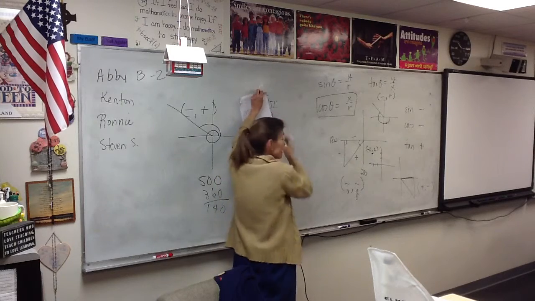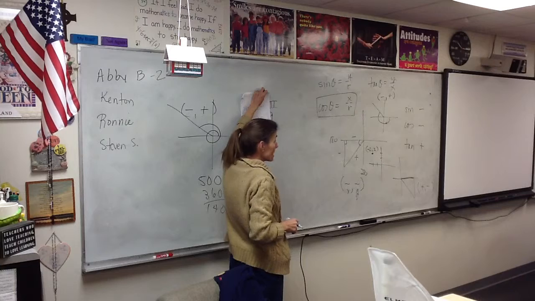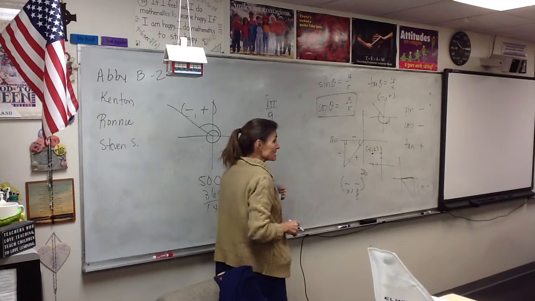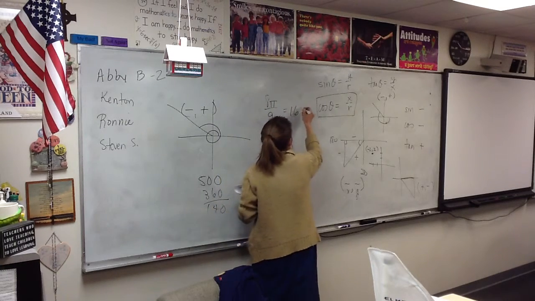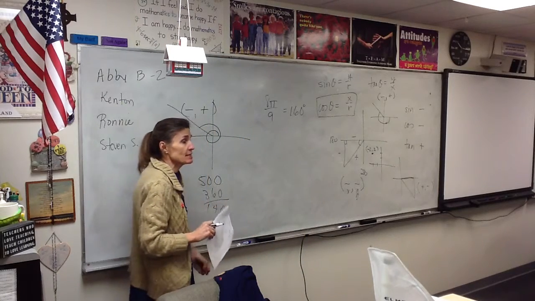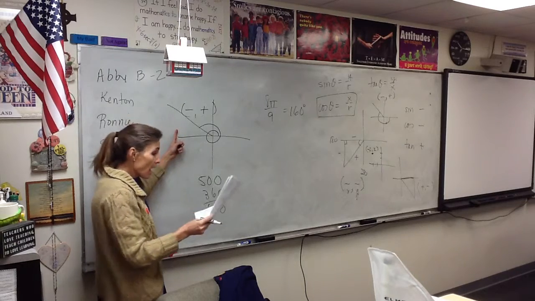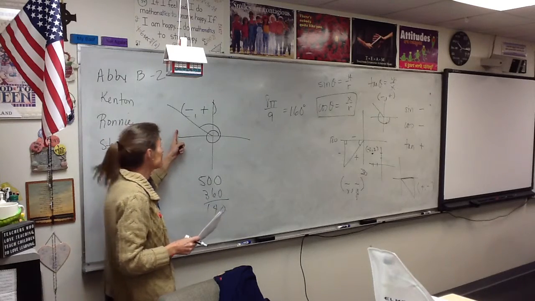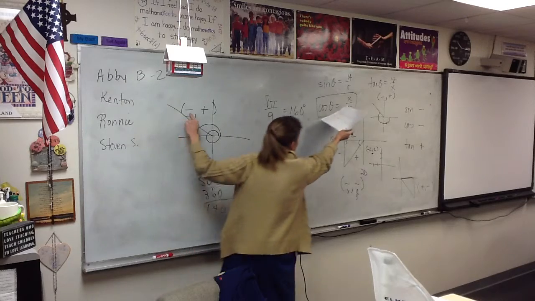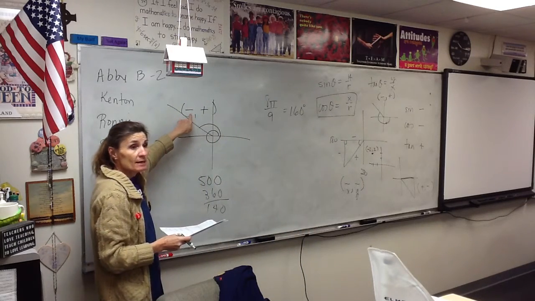What's pi divided by 9? 20 times 8, 160. In which quadrant is 160 degrees? Quadrant 2. I want the cosine. Cosine depends on x, so it would be negative.